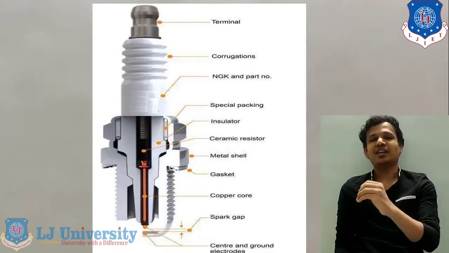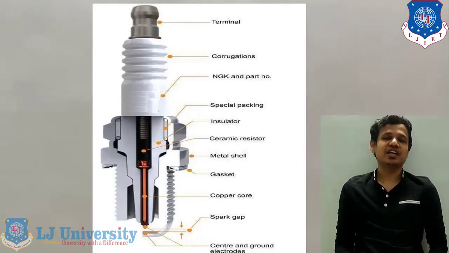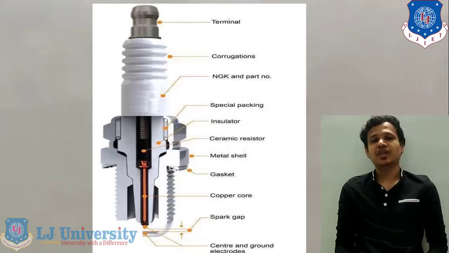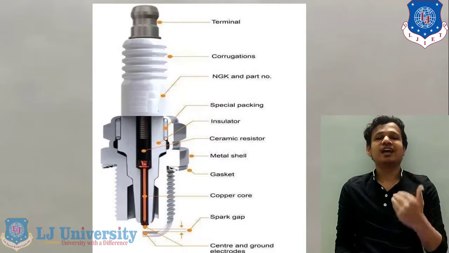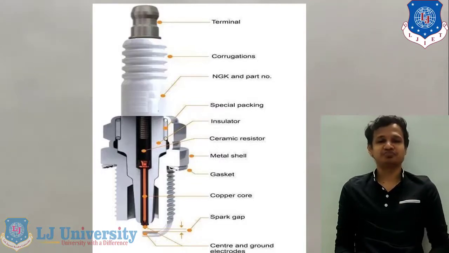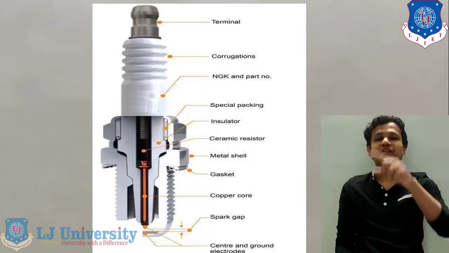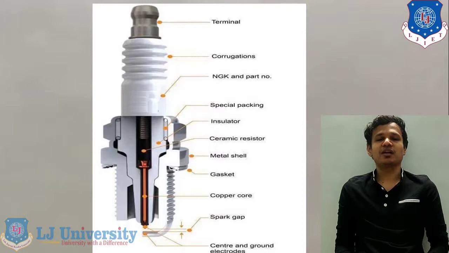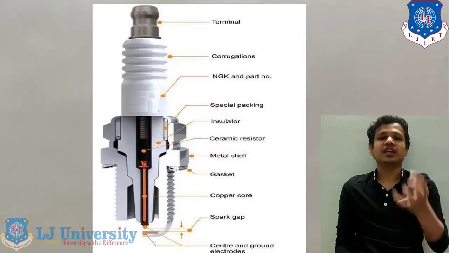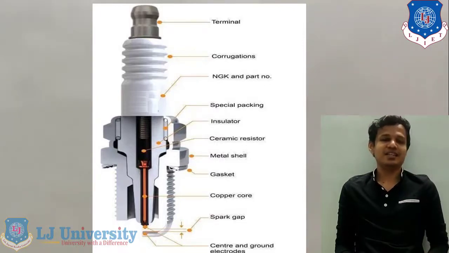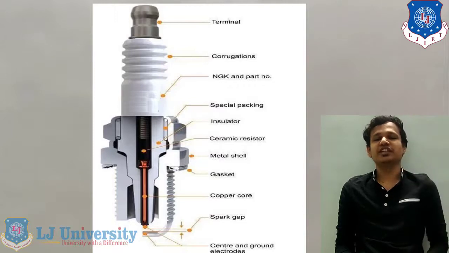So that spark gap is generally measured at a regular interval, and that value should be in the given interval so that we are getting proper spark intensity. Also, you can see the ceramic resistor is connected with the spark plug, and above the spark plug the insulator is given so that we do not lose any energy which is being given during the ignition system.